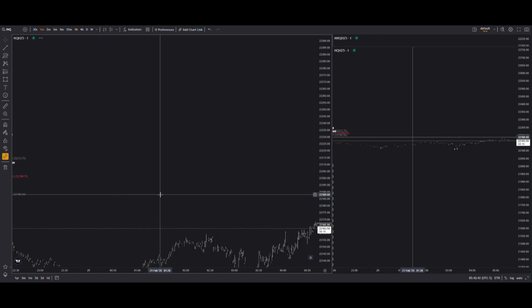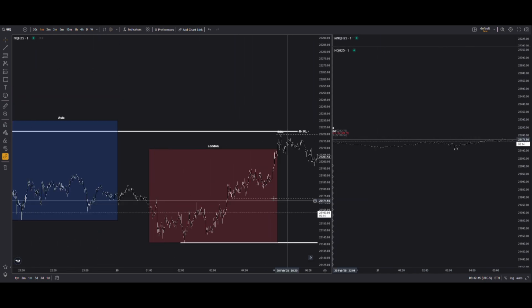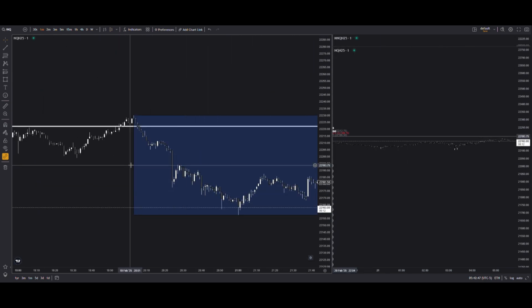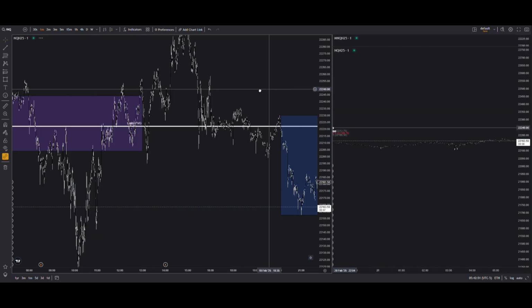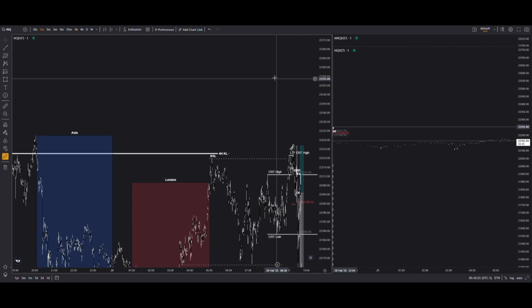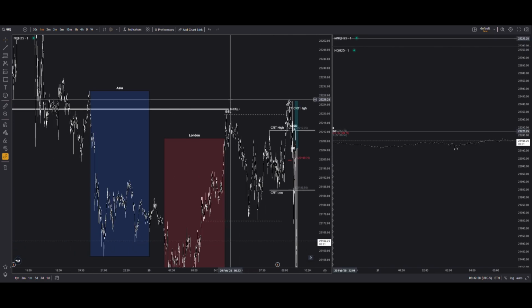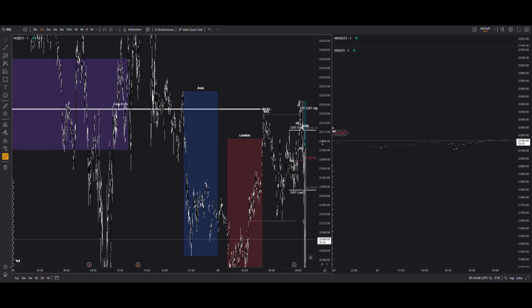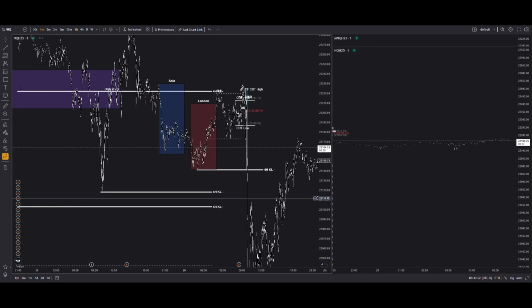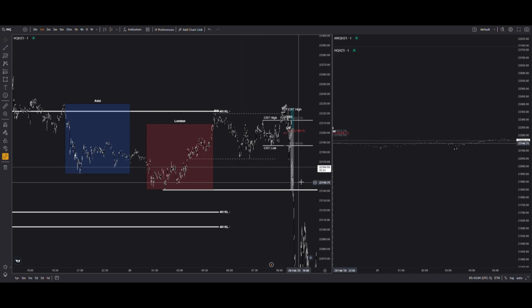So if we just look at this again, Asia started at 20 o'clock, so right up here. Now, New York was very close to that high, right? We didn't end up sweeping it.